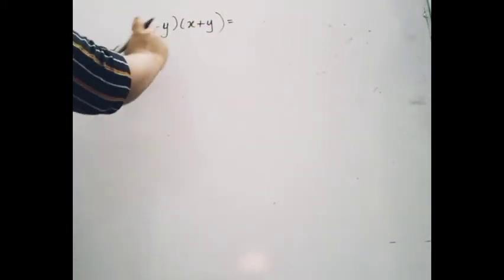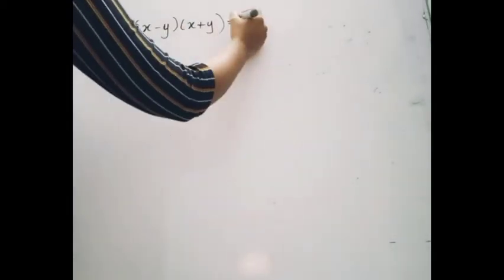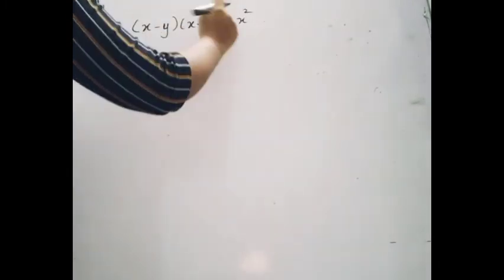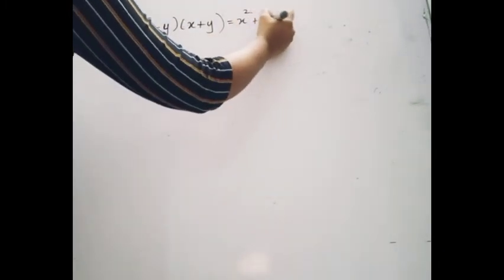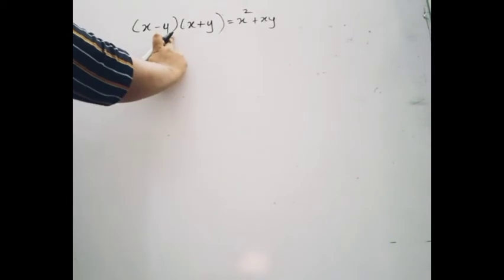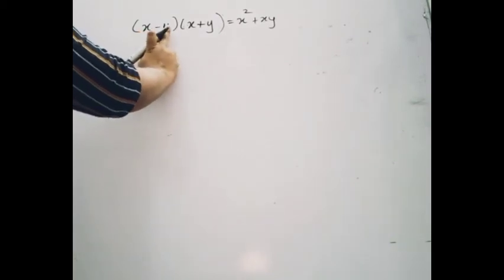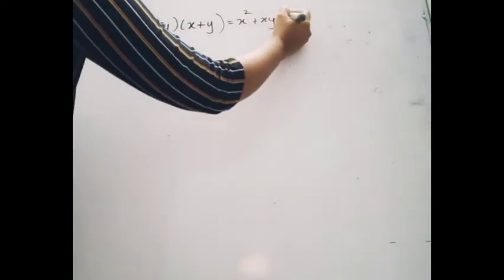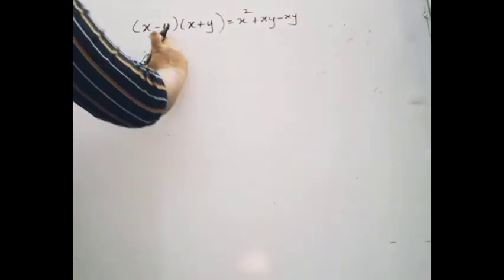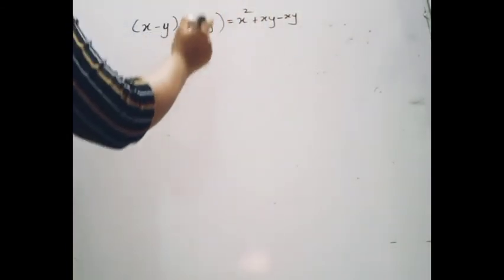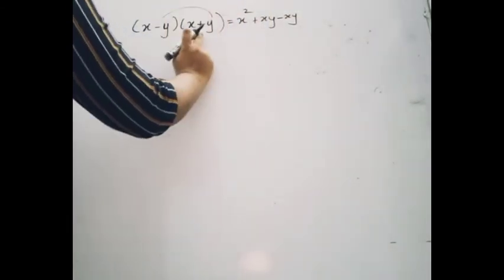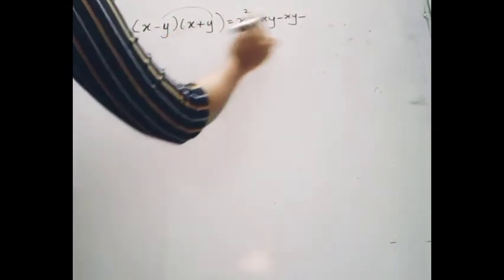Let's multiply by x first. So x square, then x and y, xy. Again I am going to multiply with negative y, so here negative xy, and then I multiply these two, negative into positive, negative y into y, negative y square.